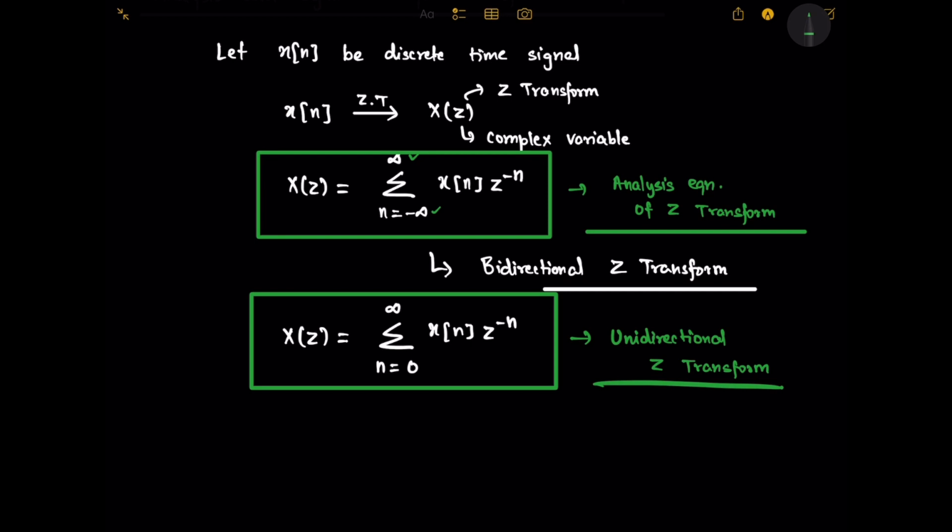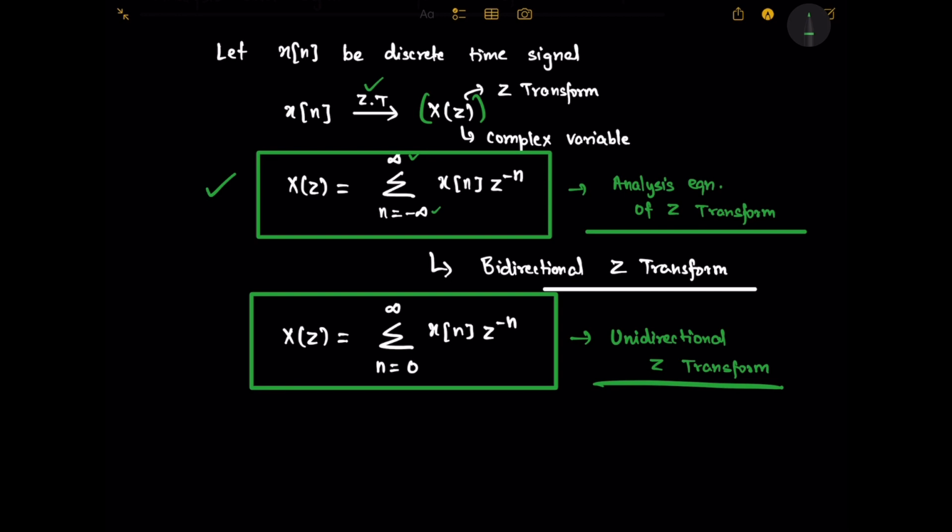We use this analysis equation to get the Z transform: we apply the Z transform on a discrete signal to get X of z.